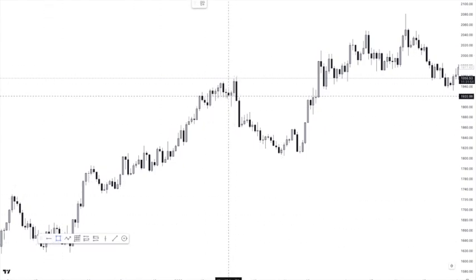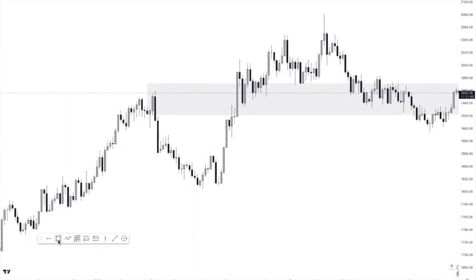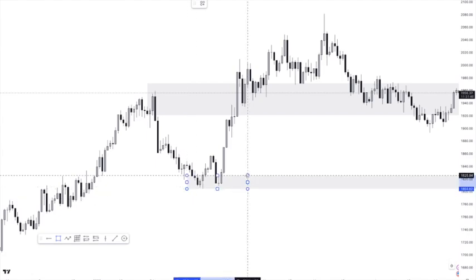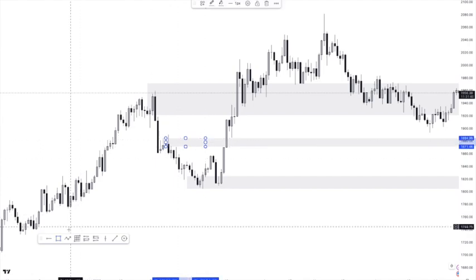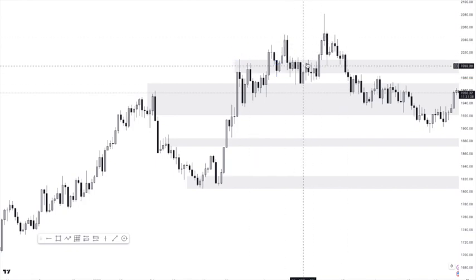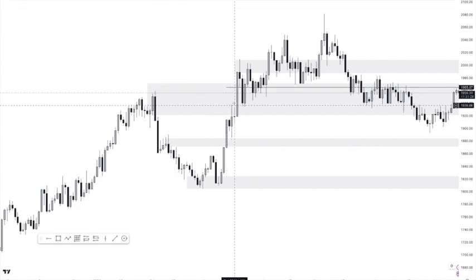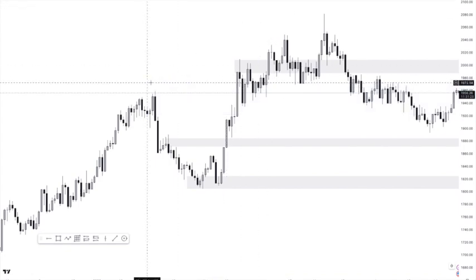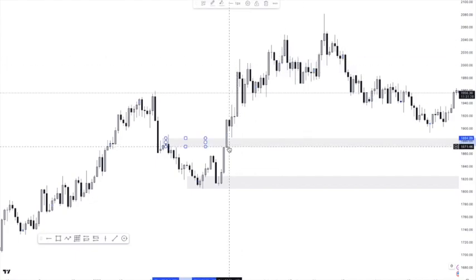You can make use of zones also, but for me, if I mark all these zones everywhere, it will be messy, so I choose to use lines. So let's just see how I use them with lines.